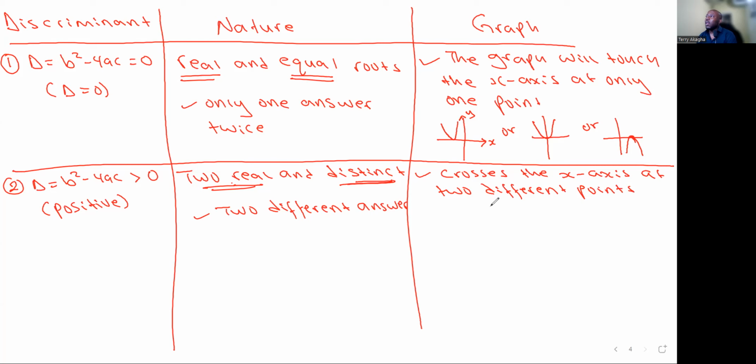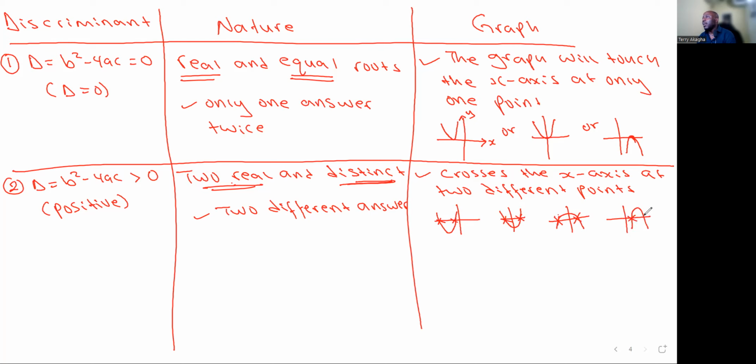Okay? So if you draw the graph for this, you will notice that the graph will look like this. Are you seeing it? It's crossing here and here. Or you can also draw the graph like this, crossing here and here. Or anyhow you want to draw it, or it could be like this, here and there. So it could be anything.